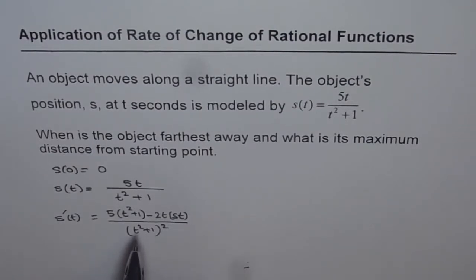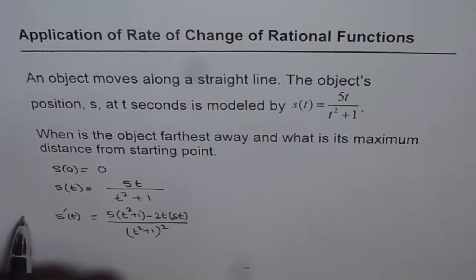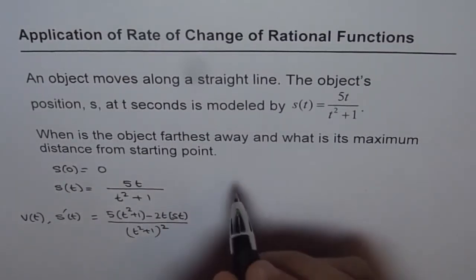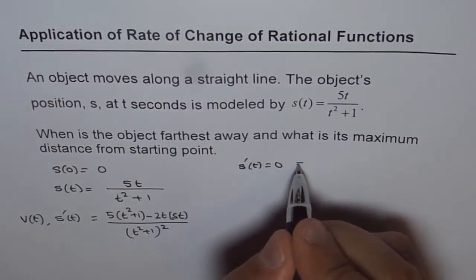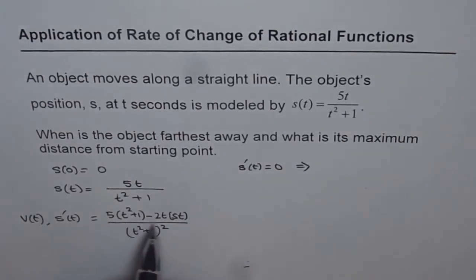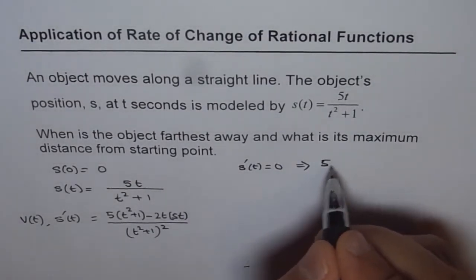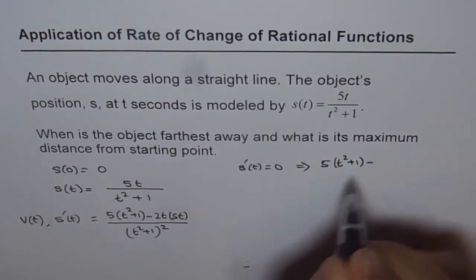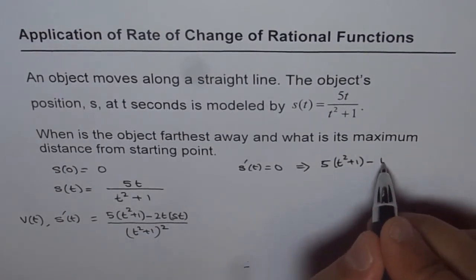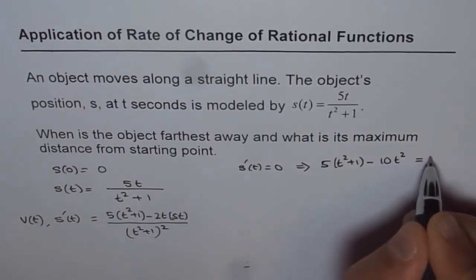Now, for the derivative to be 0, that will be the turning point, right? The numerator should be 0. Derivative is also the velocity, correct? So at the turning point, velocity will be 0. So s dash of t equals 0 implies the numerator is 0. That means 5 times t squared plus 1 minus 2t times 5t, which I can write as 10t squared, is equal to 0.